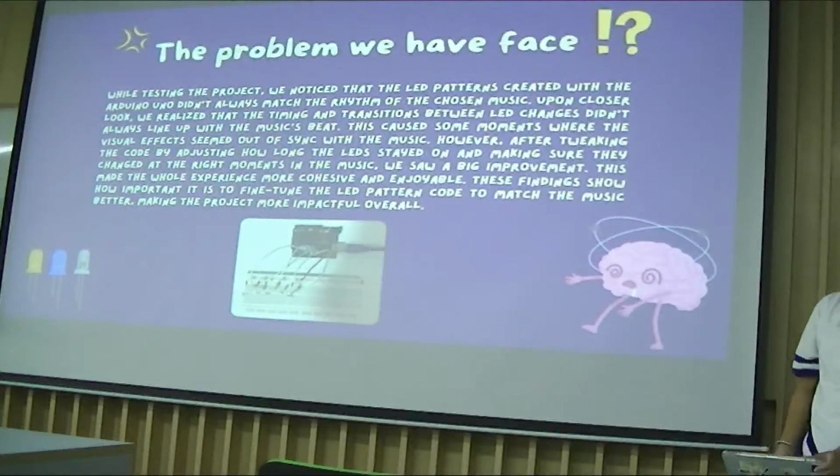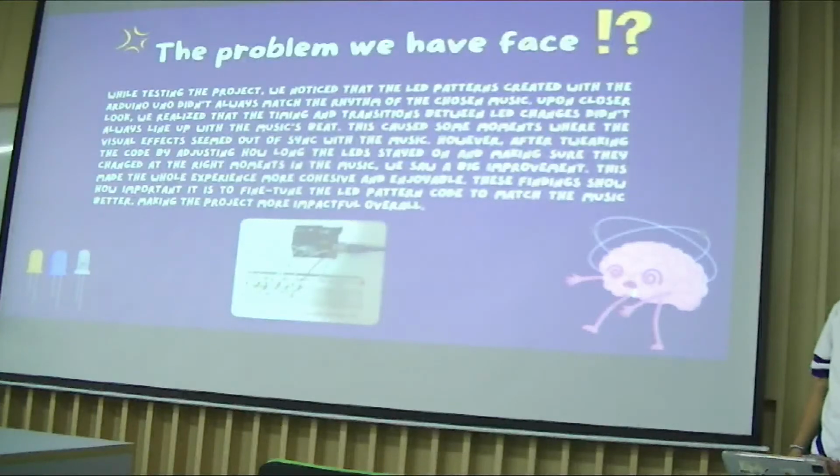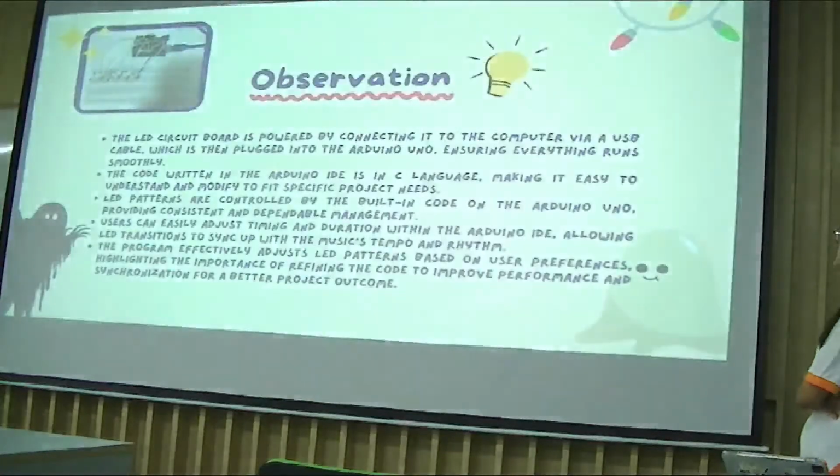However, after tweaking the code by adjusting how long the LEDs stay on and making sure they change at the right moment in the music, the whole experience became more cohesive and enjoyable. These findings show how important it is to fine-tune the LED pattern to match the music better, making the project more impactful overall.